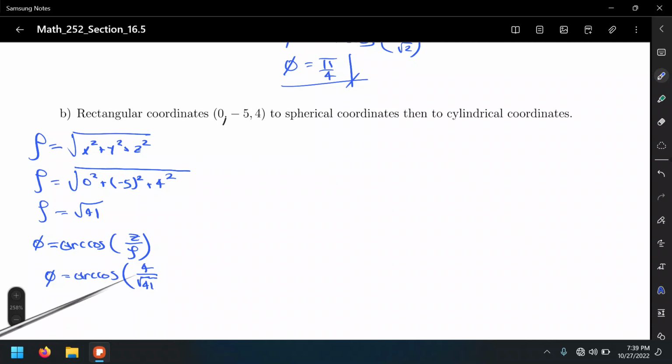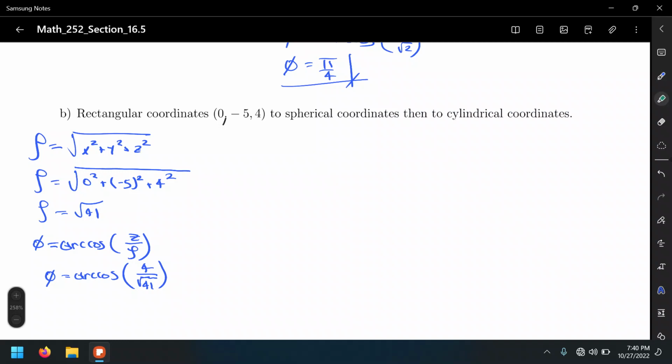This is not going to give us a nice angle like the 1 over the square root of 2 in the previous example. We're going to leave it like this. So we have phi and rho, and we're missing one piece of information, theta.